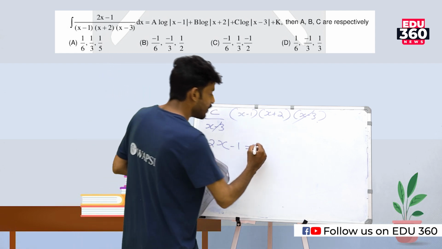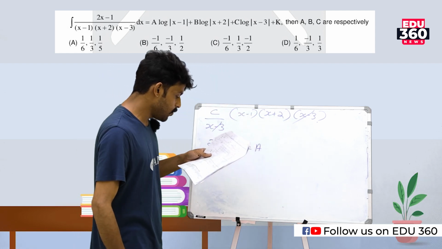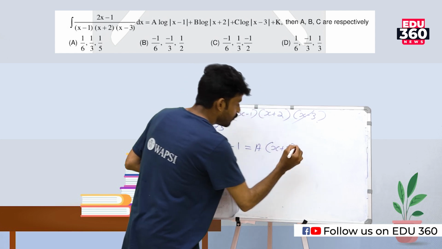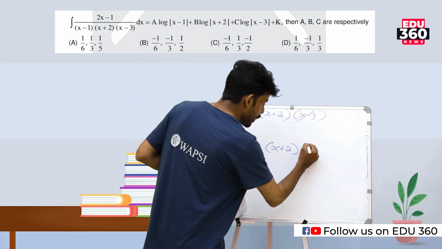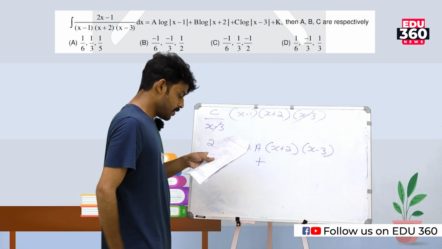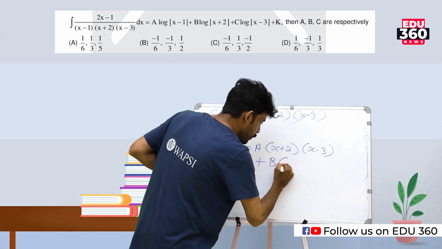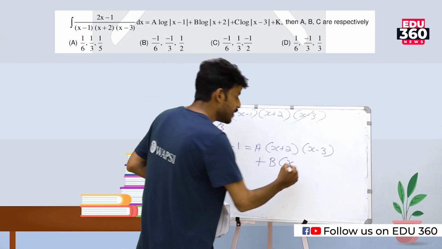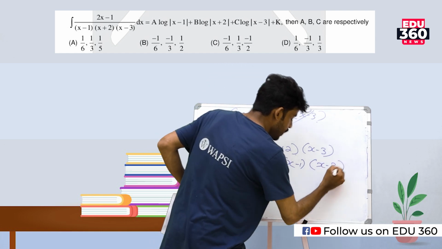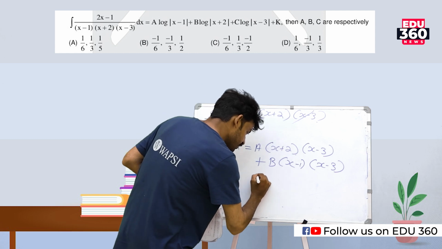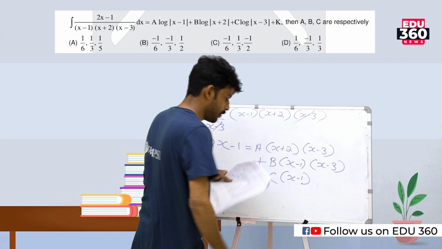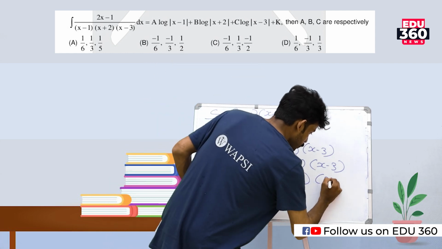So the final step is 2x minus 1 equals a into x plus 2 into x minus 3 plus b into x minus 1 into x minus 3 plus c into x minus 1 into x plus 2.